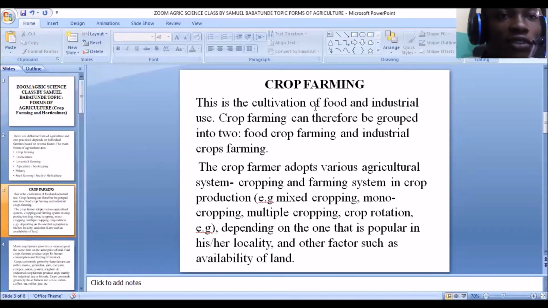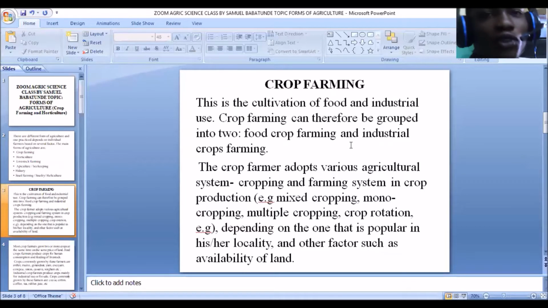Crop farming is the cultivation of food for industrial use and even for family consumption. Crop farming can therefore be grouped into two: food crop farming and industrial crop farming.